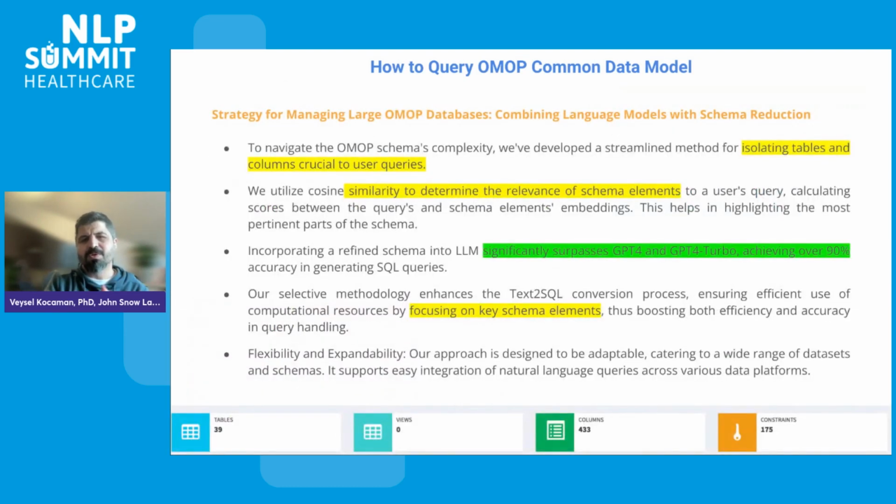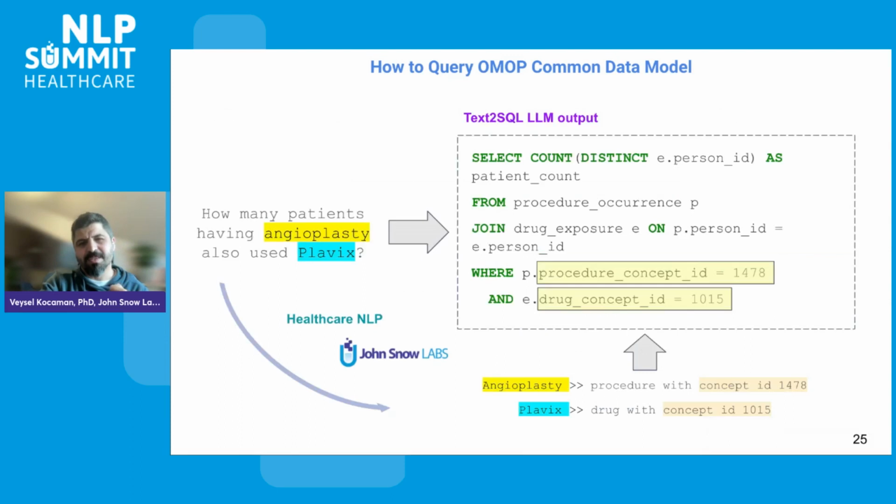With this approach, we combined actually small language models. We didn't even need to use large language models. We noticed that by applying this approach, you can significantly surpass the zero shot or few shot capability of GPT-4, because out of 39 tables, zero shot, even if you provide the schema to GPT-4 in a prompt, it will probably not be able to focus on key schema elements.